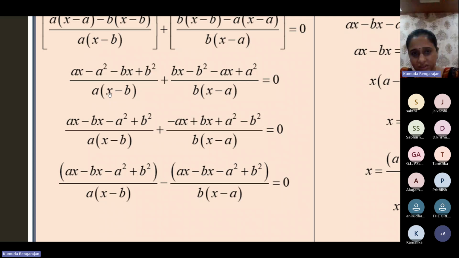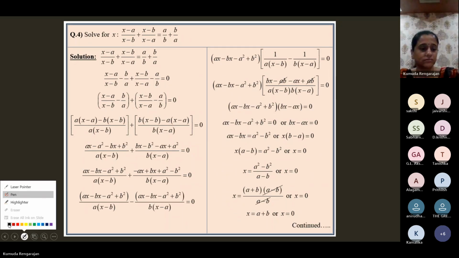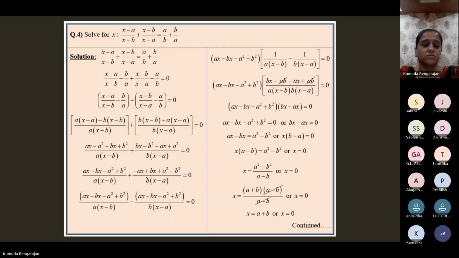Okay, so we have the same terms, but the signs are opposite. Here plus ax minus a square plus a square minus bx plus b square minus b square. So what you do is, we'll just arrange the terms in this order, any order, but have the same order in both the places.